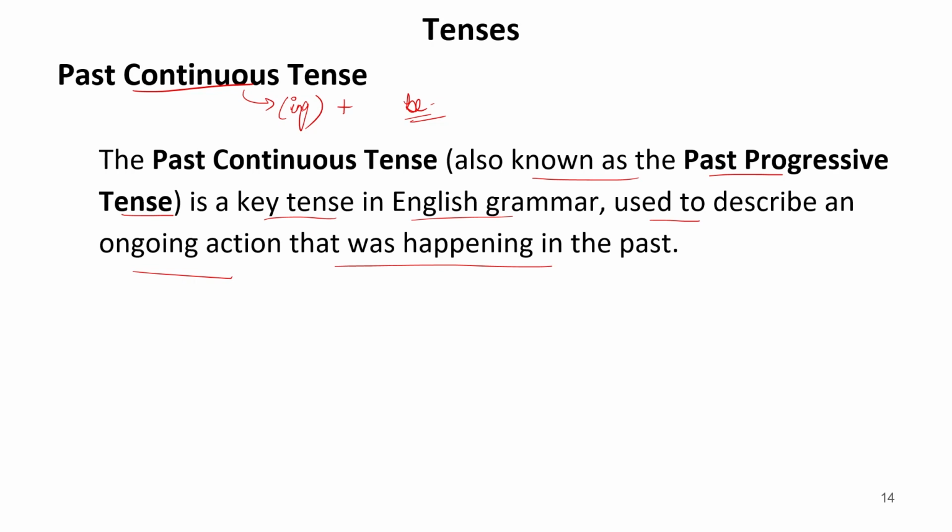So these tenses are used to describe actions which were actually going on or taking place, in progress in the time of past. Those types of actions are shown in past continuous tense.